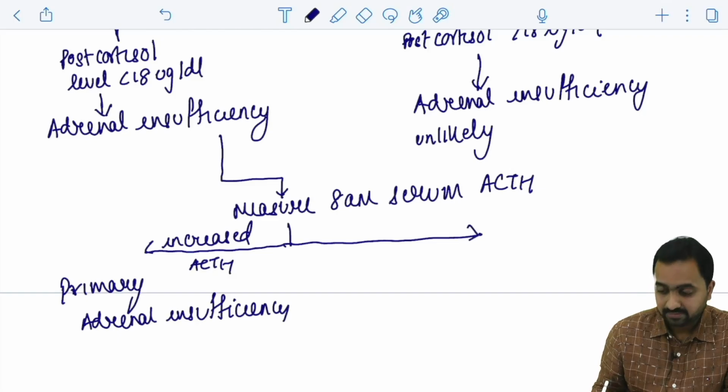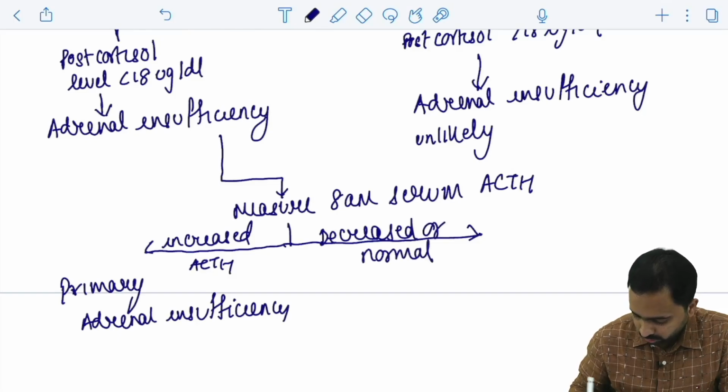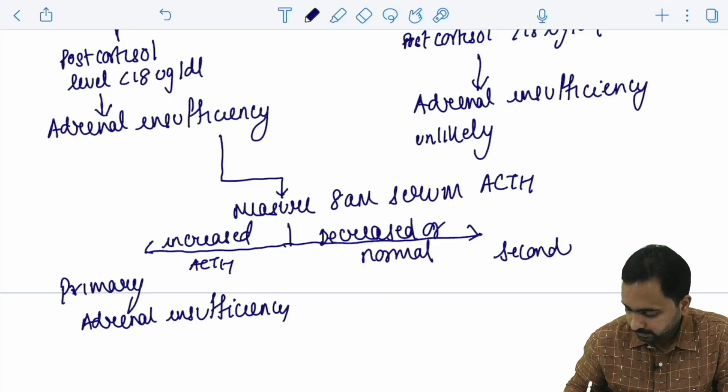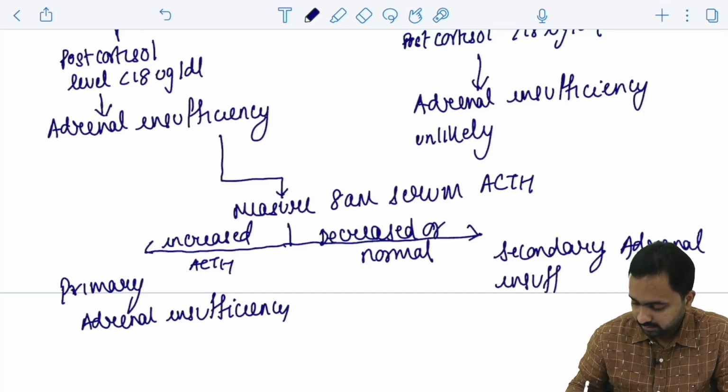If there is decreased or normal, then it is secondary adrenal insufficiency.